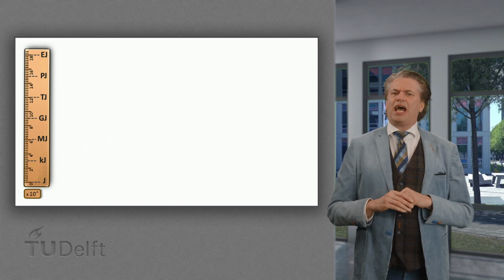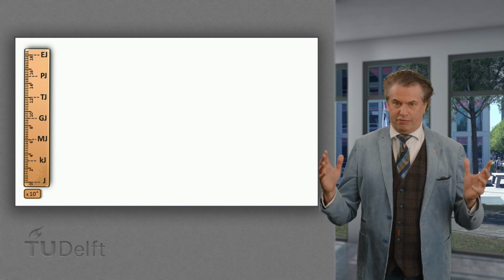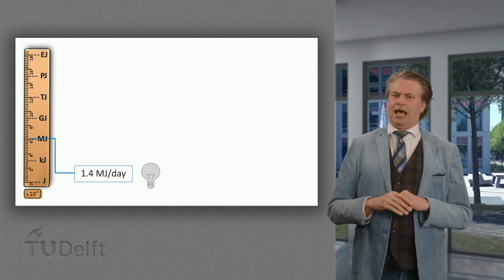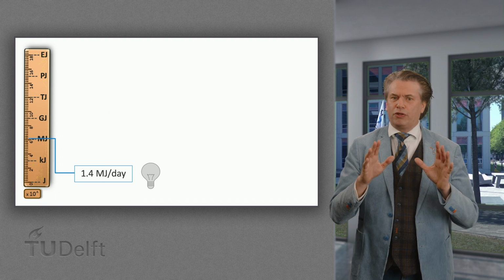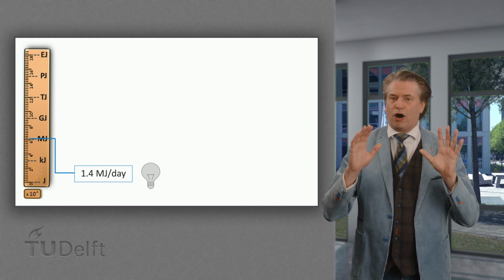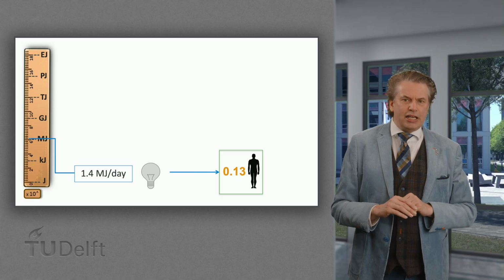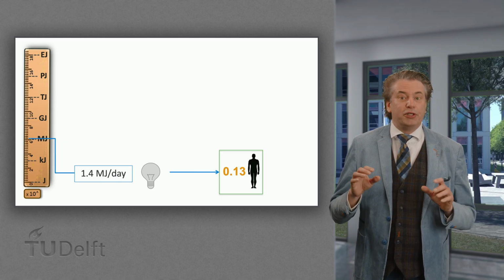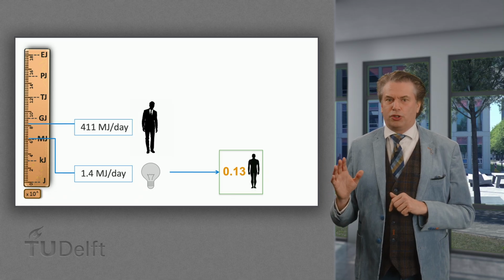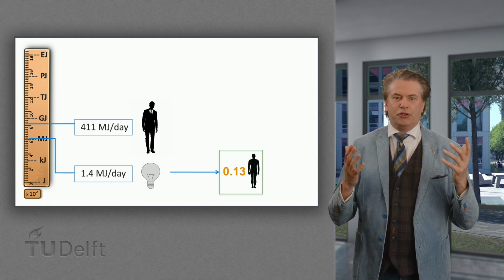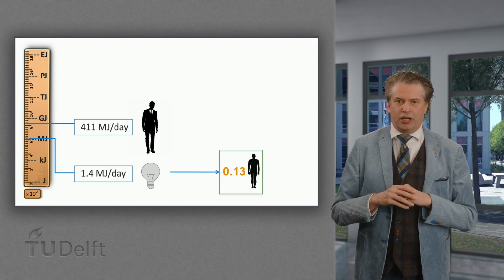Now let us look at the daily energy use that we encounter in our everyday lives. A 16-watt lamp requires about 1.4 megajoules of energy if it were kept on for 24 hours a day. With our new system, this equals 0.13 human units. The total energy consumption of an average person living in Europe is about 411 megajoules a day.